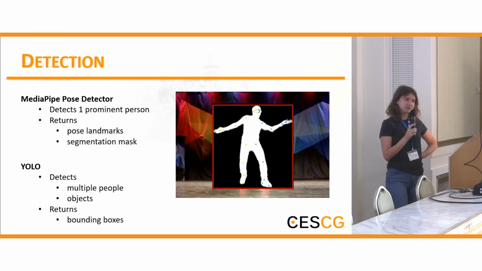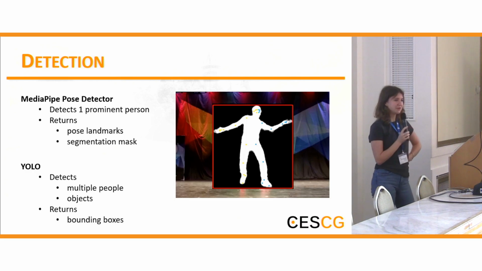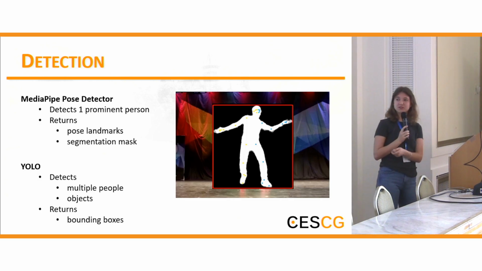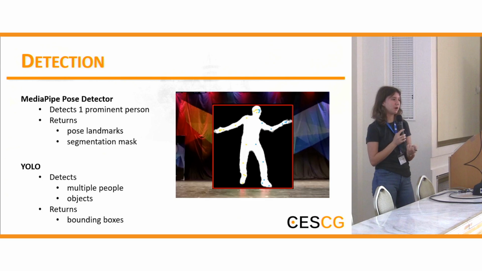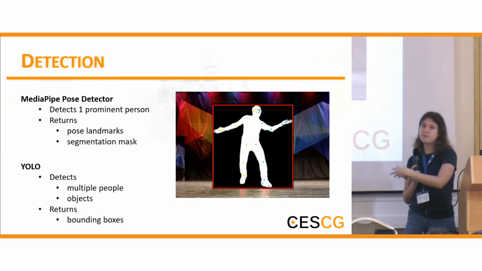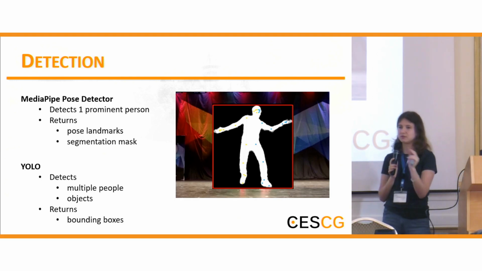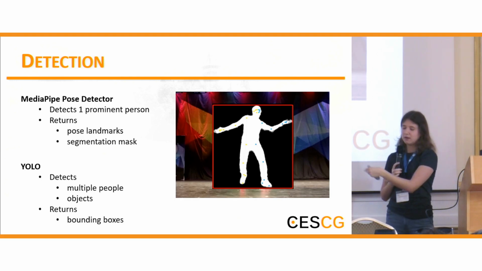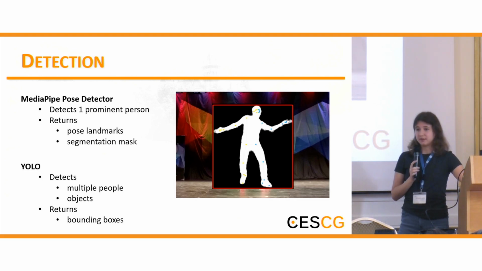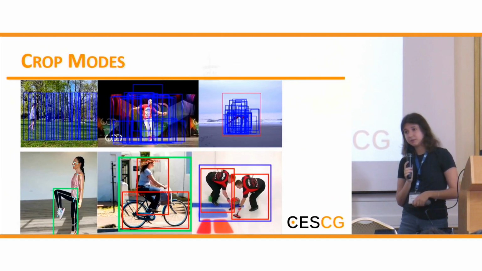And then when I submitted the paper to this conference, the reviewers advised me to use YOLO, which is obviously a great idea. It detects multiple people, it detects objects, it returns just the bounding boxes that are pretty exact, but it's not good for a prominent person with a background, because then the detector just loses its mind and detects people in the background, and it's not that exact, but you will see in the results.